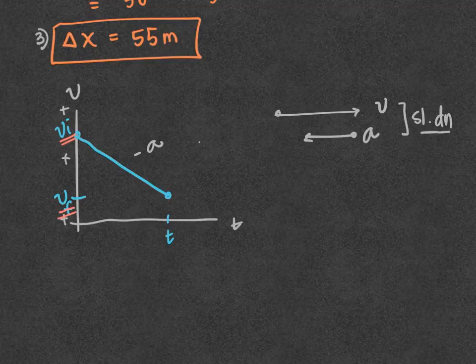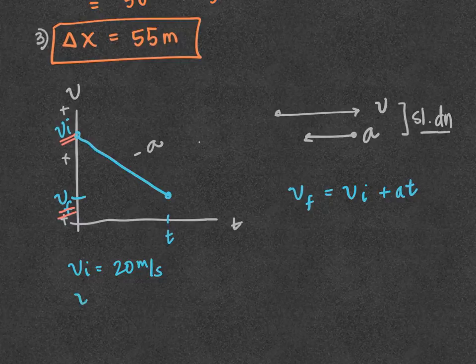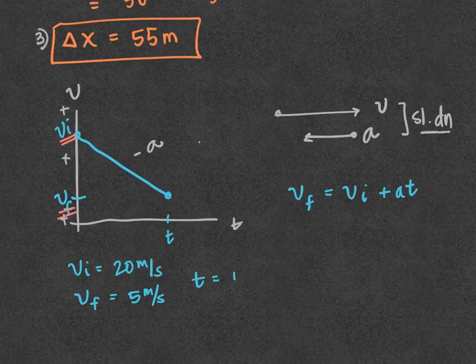Now I can still use my equation that I developed earlier, that v final is equal to v initial plus at. So let's give this some numbers. Let's say that our initial velocity is 20 meters per second, and our final velocity is 5 meters per second. And the time is 10 seconds. And we want to find what is the acceleration. So I could use these numbers and determine the slope of the line, but that's the same as using this pre-made equation that we developed earlier.